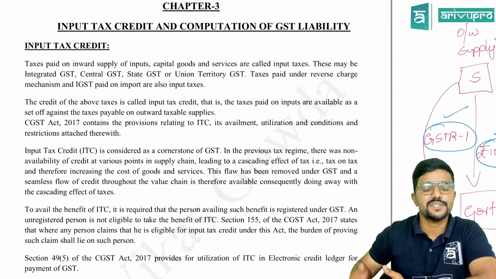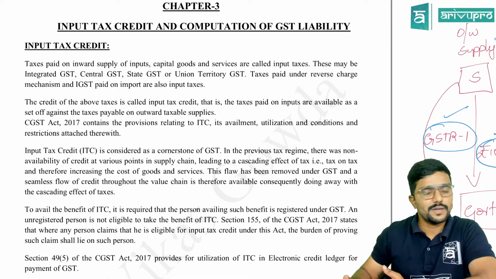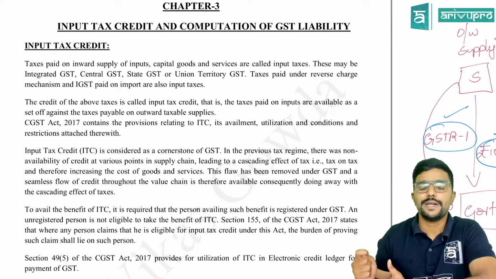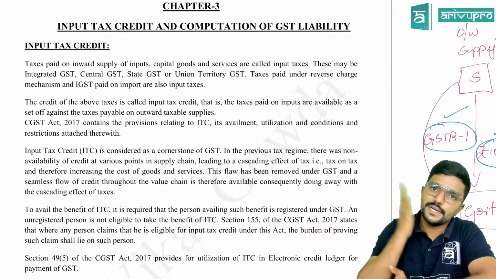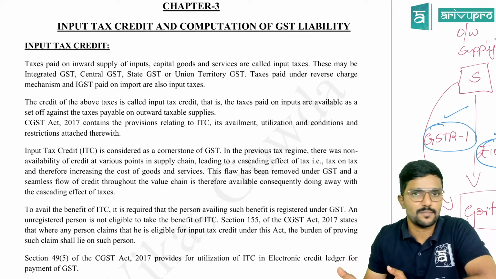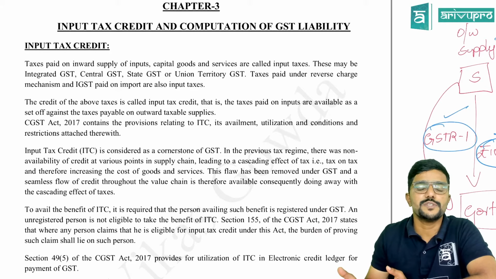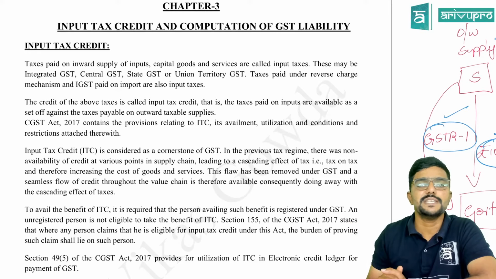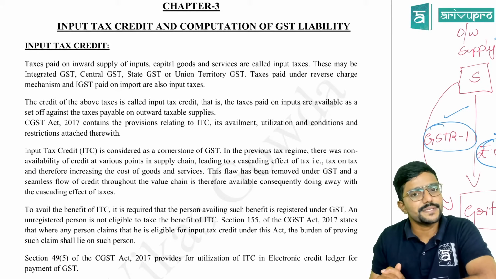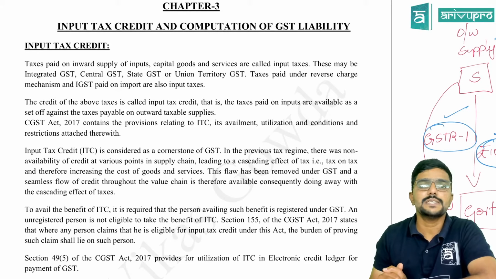Clear? Means under sections 16, 17 or 18, whatever we learn, sections 16 to 21 talk about input tax credit, guys, and it is common for both intrastate supply as well as interstate supply. There are no separate provisions for input tax credit under the IGST Act. Section 20 of the IGST Act, I already told, says that if any provision is not separately covered under the IGST Act, then whatever is covered in the CGST Act will be applicable for interstate supply.